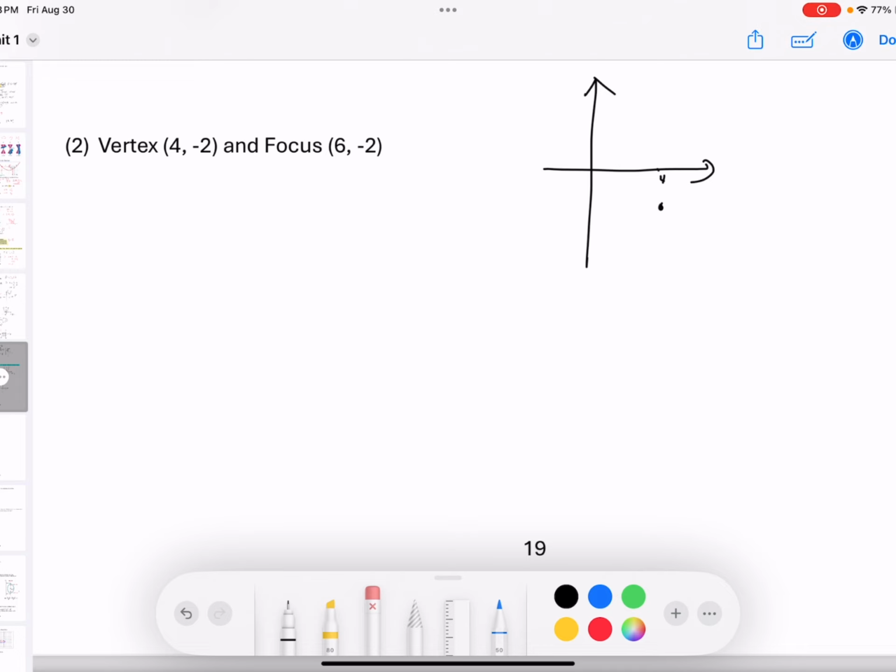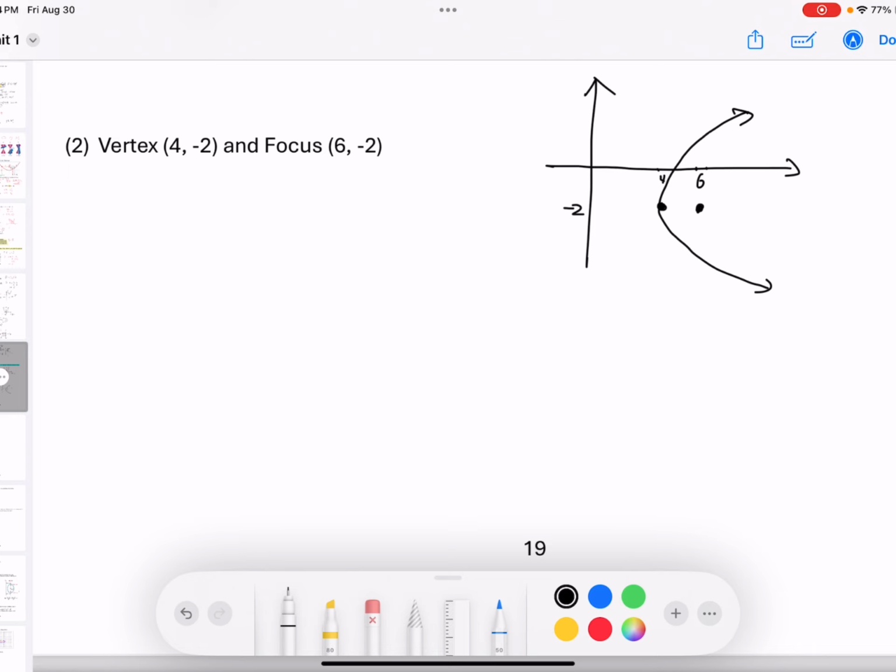So let's erase this and make it longer. So this is (6, -2). Okay, vertex and focus. My parabola will hug my focus, so I must have my graph open to the right.